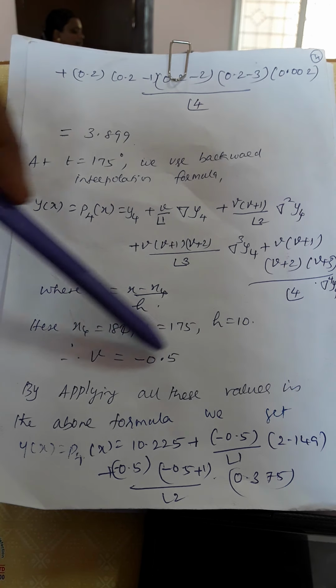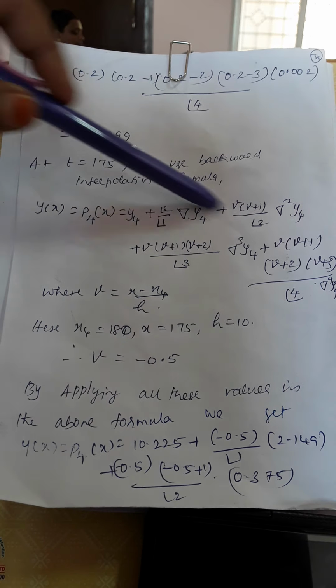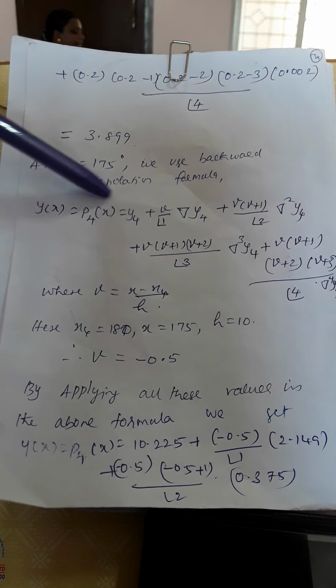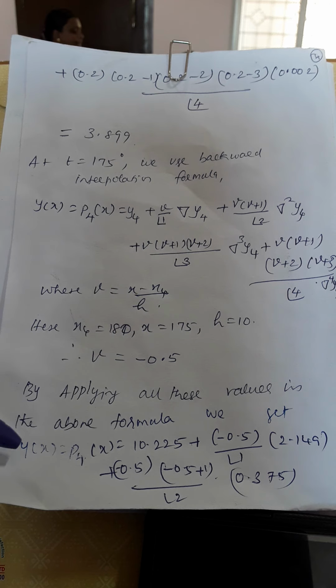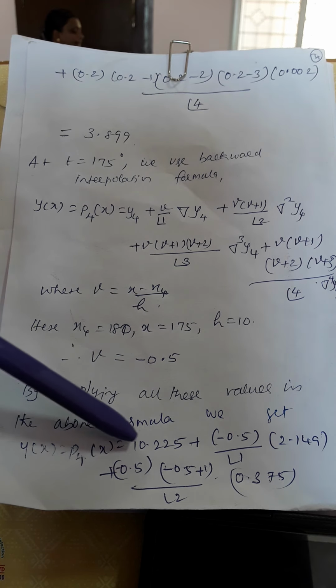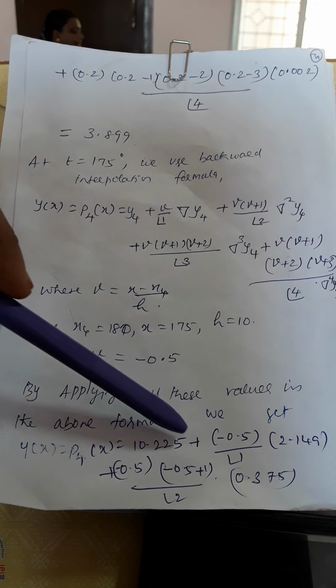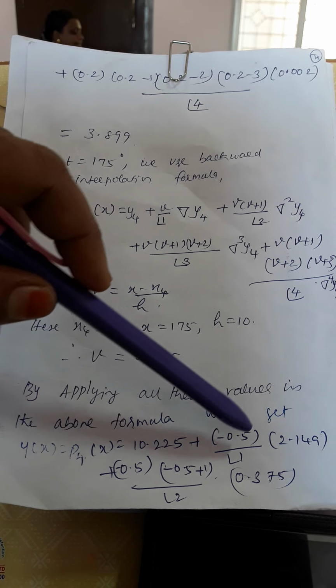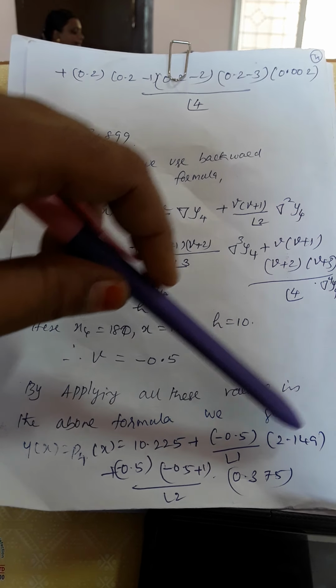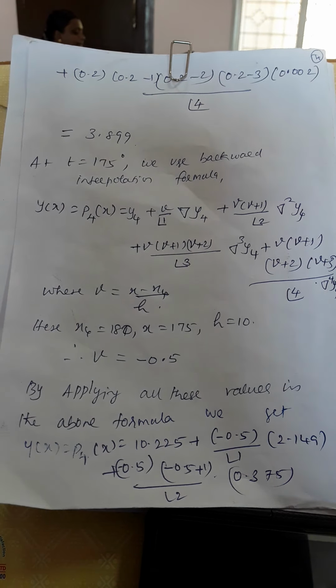So by applying all these values in this formula, we get y of x equal to p4 of x, which is equal to 10.225 plus minus 0.5 divided by 1 factorial into 2.149 plus etc. This way, if we put all our calculated values from the tabular column into the formula, we get the final answer as 9.1004844375.